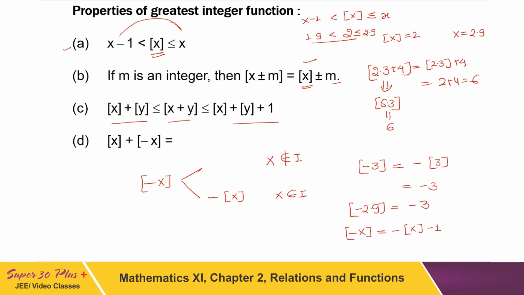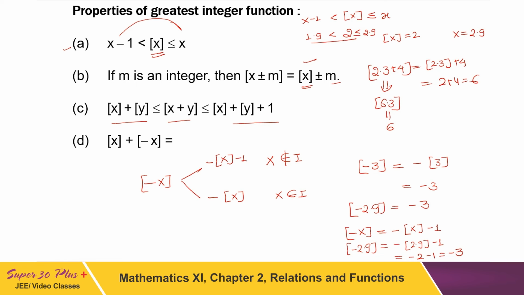If x is 2.9, then the greatest integer of minus 2.9 is minus 3, as we know. And by this definition, it will be minus of the greatest integer of 2.9, minus 1, which is minus 2 minus 1, equal to minus 3. So in this category, it will be minus of the greatest integer of x, minus 1.